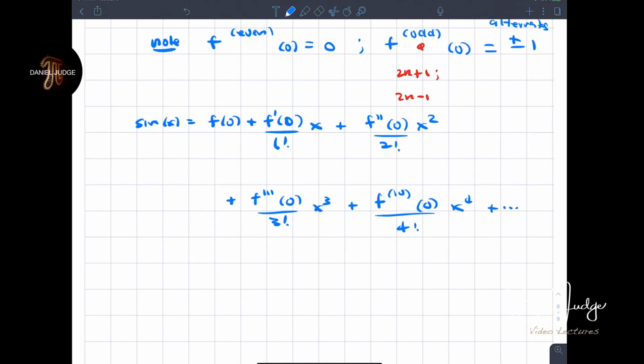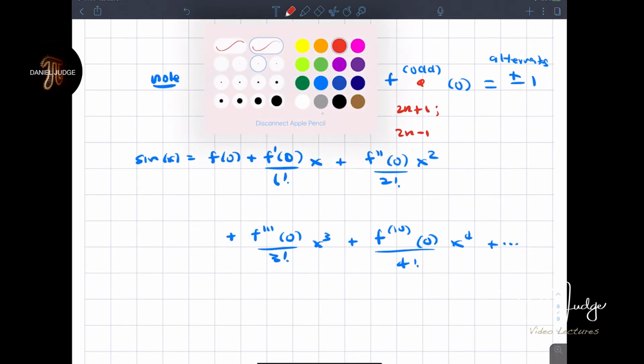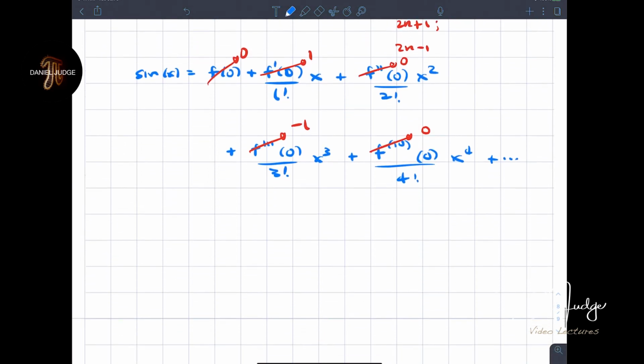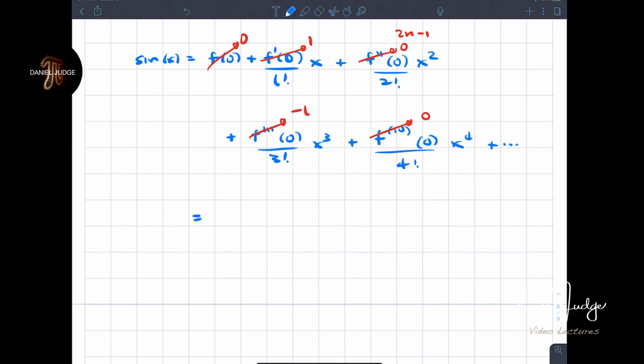If I just look at one of these cycles, we know we get here 0. This portion's 1, 0. This is negative 1. This portion's 0. You end up with really x minus 1 over 3 factorial x cubed, and then this pattern continues forever.